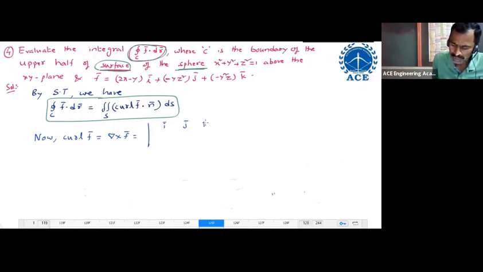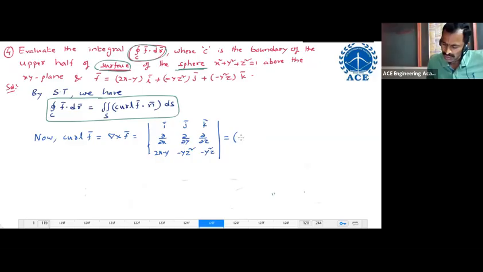Curl is the determinant with i bar, j bar, k bar; del by del x, del by del y, del by del z. Next, f1 is 2x minus y, f2 is minus y z square, f3 is minus y square z.